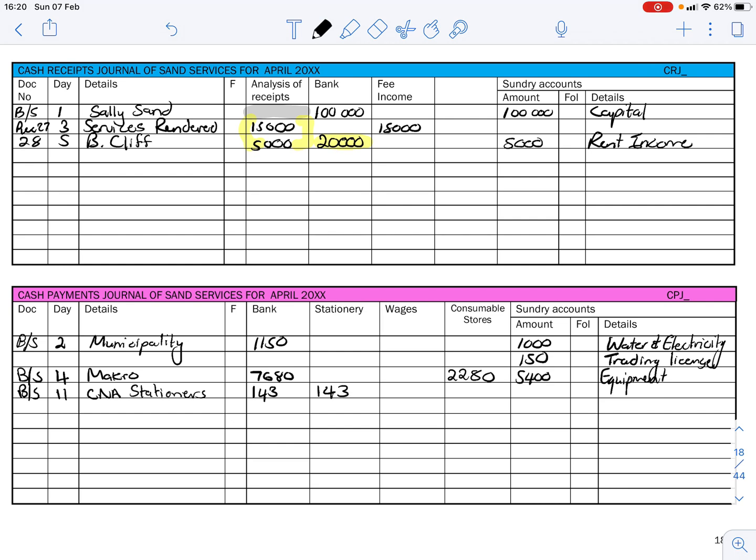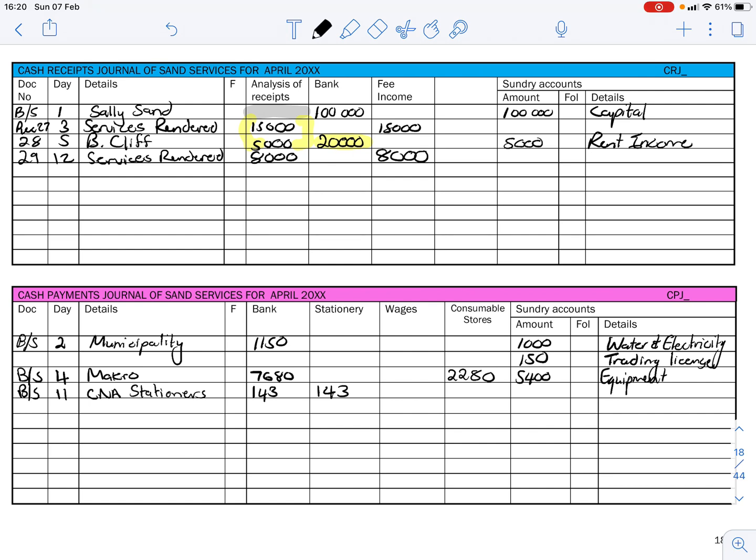Alright, on the 12th, they tell us our cash takings amount to 8,000 Rand, receipt number 28. We use receipt number 29. This takes place on the 12th. Cash takings means services rendered. Okay. The amount was 8,000 Rand. And it was for fee income.